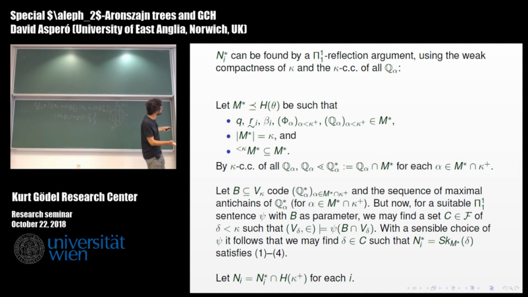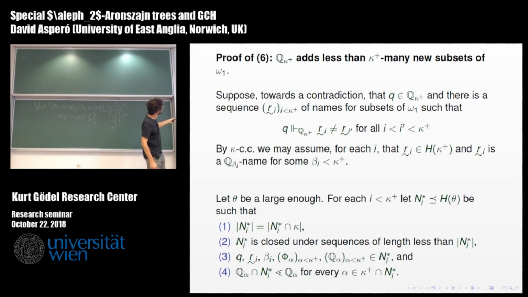With a sensible choice of psi, I can find delta in C so that the closure of delta in M star is close enough.